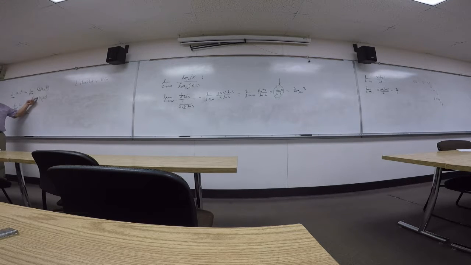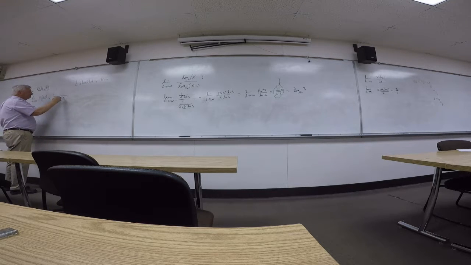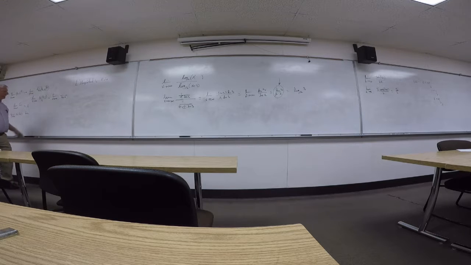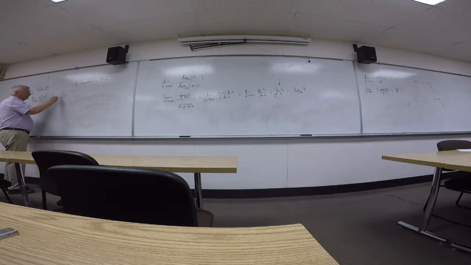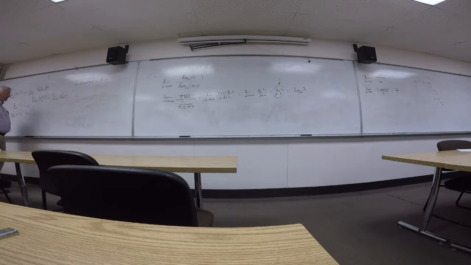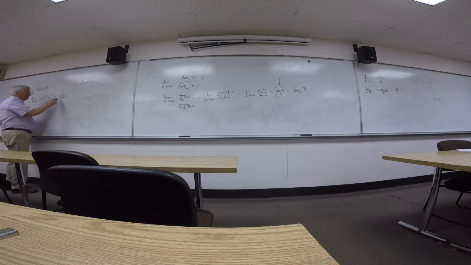The derivative of the numerator: the derivative of the natural logarithm is 1 over what we had times the derivative of what we had. That's the derivative of the numerator. The derivative of the denominator is 1.